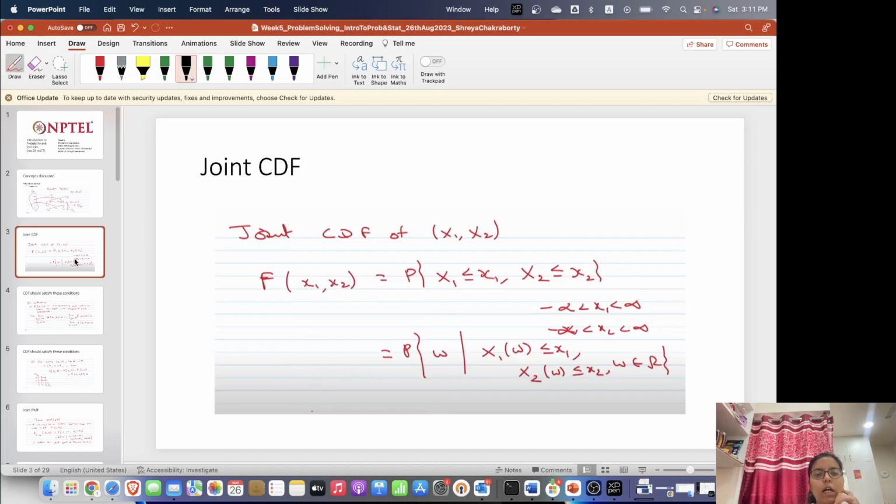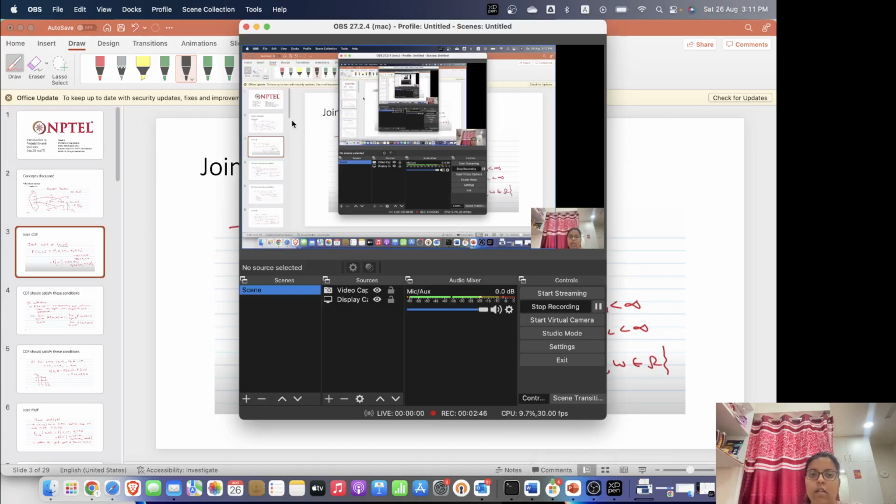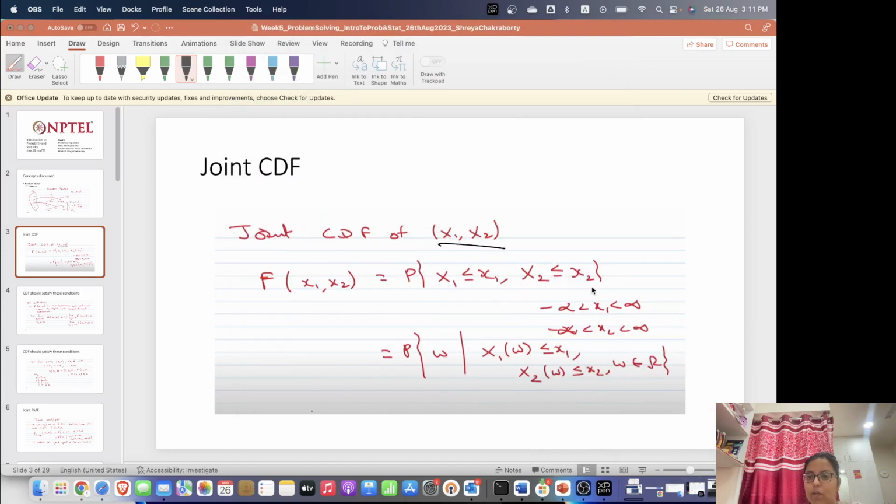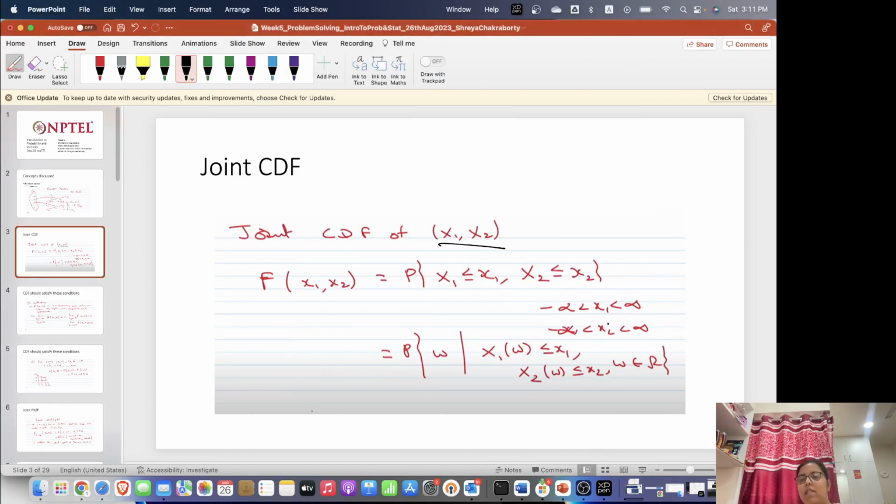So we learned how to represent the CDF of a bivariate distribution when we have two random variables. This was given by capital F of x1 and x2 equals the probability that capital X1 is less than or equal to x1 and capital X2 is less than or equal to x2, where x1 and x2 range from minus infinity to plus infinity.